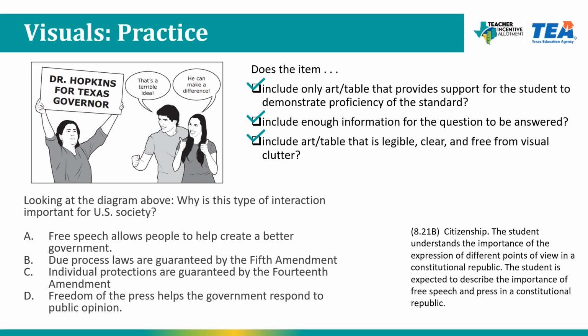The question associated with the visual about the importance of the interaction in U.S. society seems directly linked to the standard. The art offers clarity without visual clutter, solely presenting relevant figures and texts. The level of clarity and alignment allows students to effectively answer the question and demonstrate their understanding of the concept of free speech within a constitutional republic.